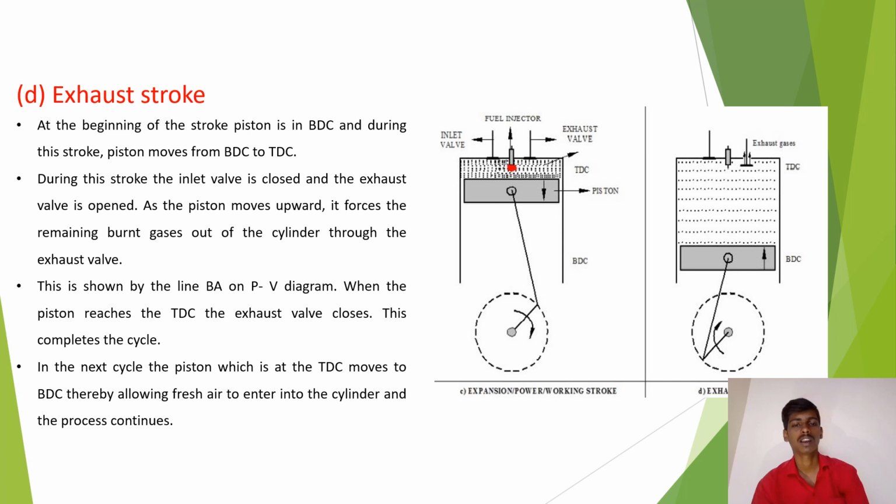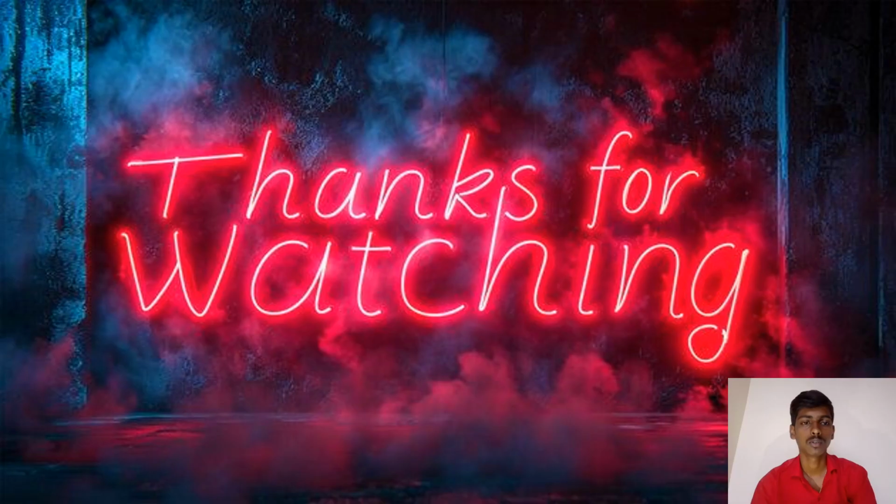This is shown by the line BA on the PV diagram. When the piston reaches the TDC, the exhaust valve closes. This completes the cycle. In the next cycle, the piston which is at the TDC moves to BDC, thereby allowing fresh air to enter into the cylinder and the process continues.